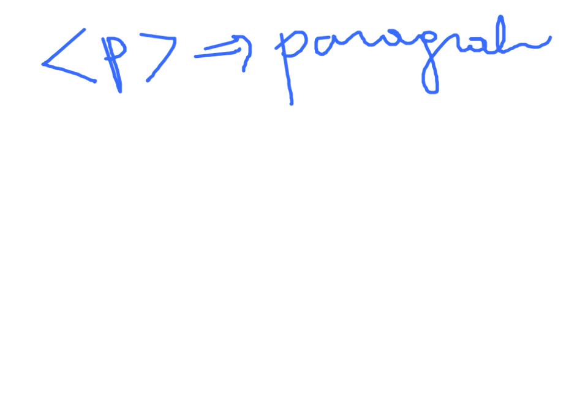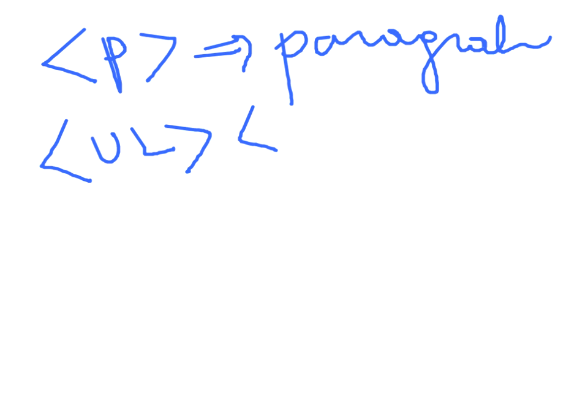Can you give me all the tags? P. So P means paragraph, a new paragraph, very good. Also, another tag. UL.